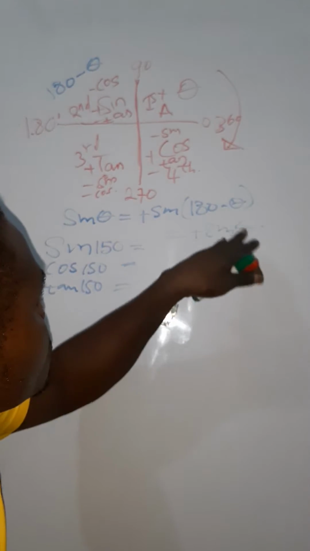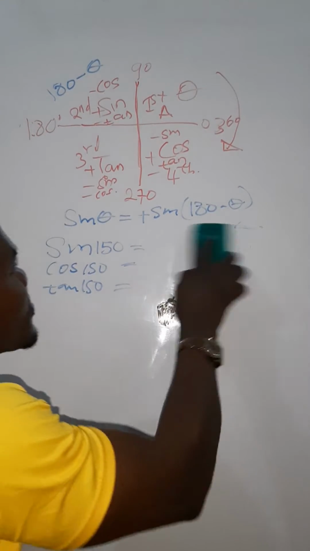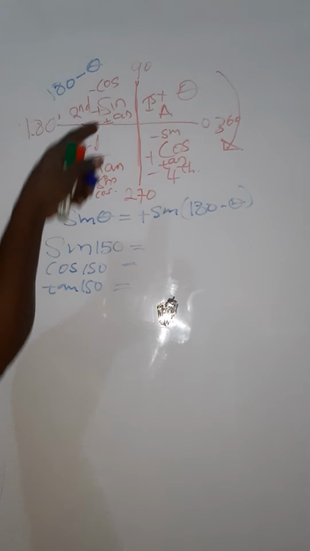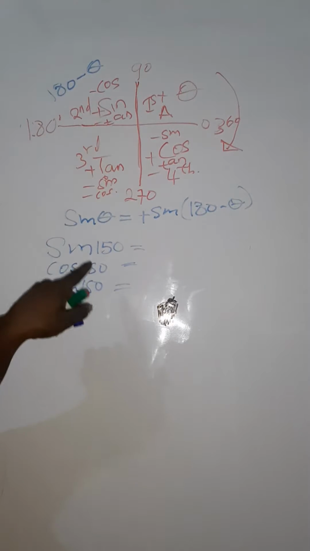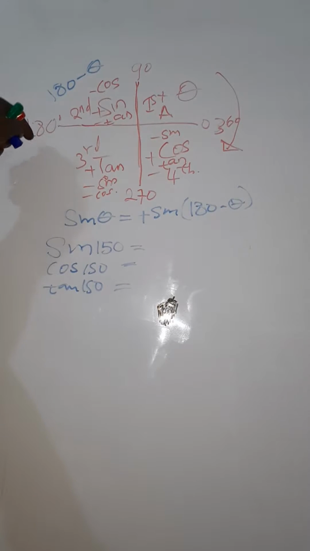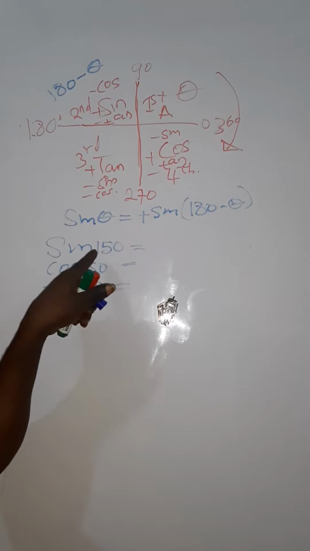So you see now by the time I apply this. Let me now apply the formula. It shows that in the second quadrant, any value that falls between 90 and 180 is in the second quadrant and only sine is positive.